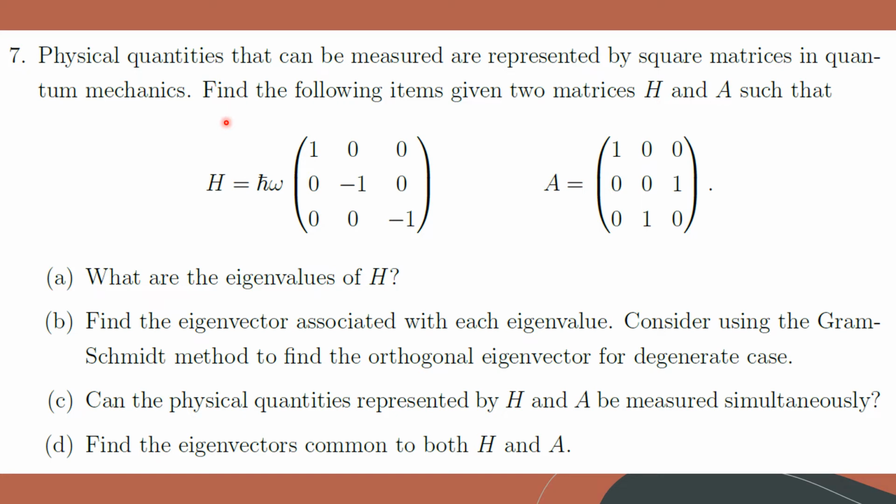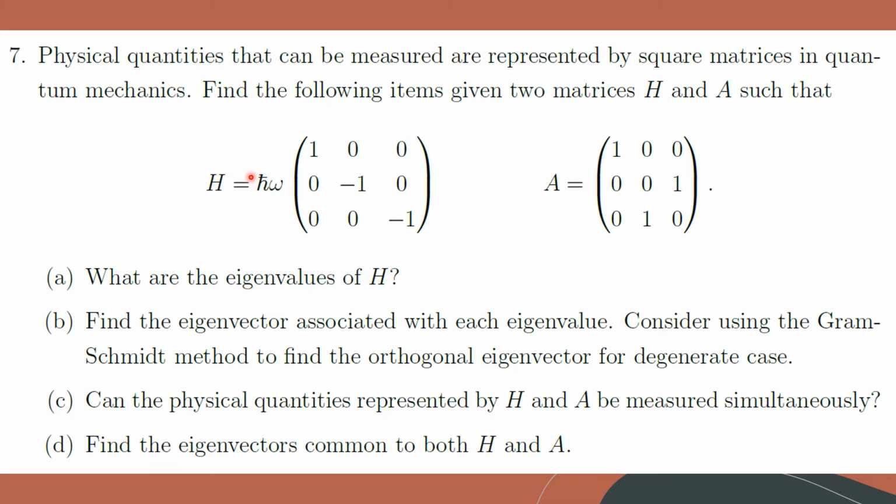Let's say you measure H first and then you measure A, and you compare the results with AH, where you measure A first and then H, so the sequence is reversed. If they give you the same answer, it means that before and after the measurements, the state is always the same. Therefore, that gives you the possibility of measuring these two at the same time.